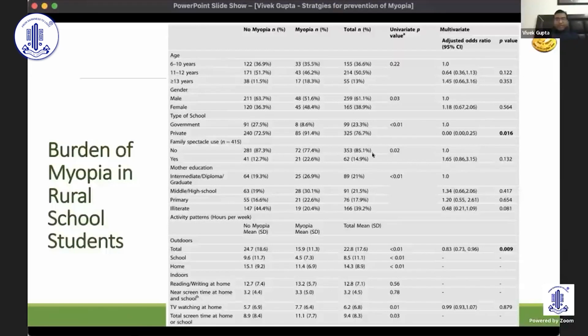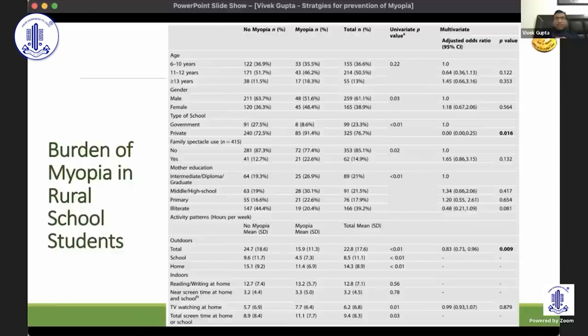Then we also looked at risk factors in terms of outdoor activity. What we realized was that the children who were spending less time outdoors had significantly higher myopia prevalence as compared to those who were spending time outdoors. This is important because till now the evidence we had was primarily from urban school children, and this was from a rural population.